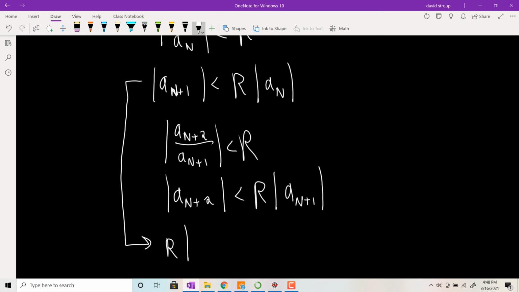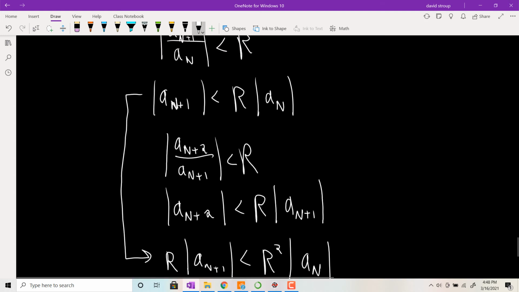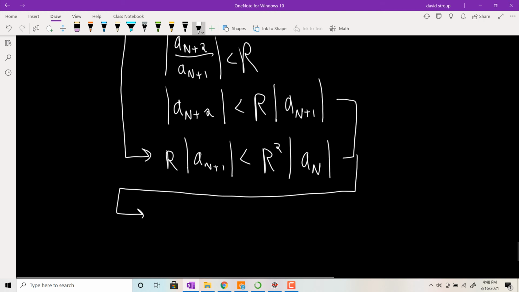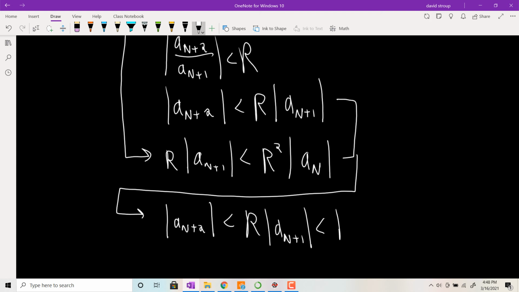So I get R times the absolute value of a sub n plus 1 is less than R squared times the absolute value of a sub big N. Then you could put these two statements together using the transitive property of inequalities, and conclude that the absolute value of a sub n plus 2 will be less than big R times the absolute value of a sub n plus 1, which is less than R squared times the absolute value of a sub big N.